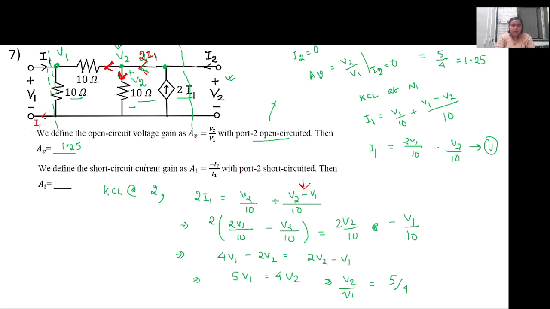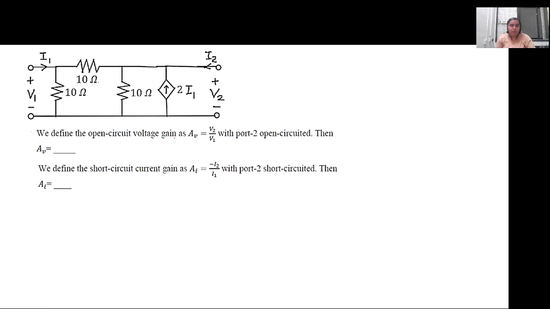Okay, this part is done. So next we have to find the short circuit current gain, which is the ratio of minus I2 by I1 when port 2 is short circuited. So now this particular circuit gets reduced, since there is a short circuit across this particular node, so this resistance will become redundant because there is a short circuit in parallel to it.